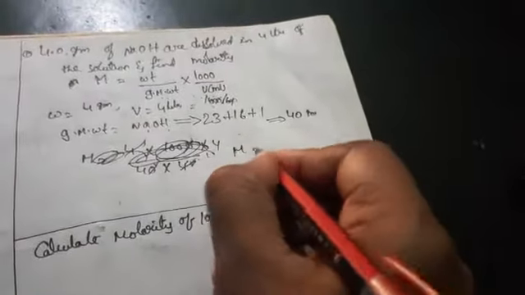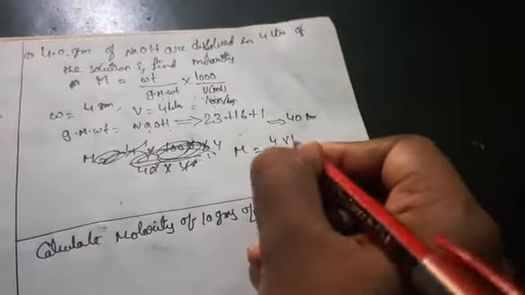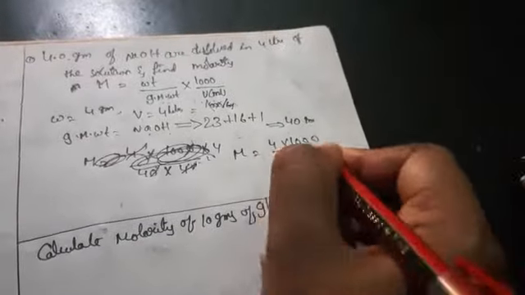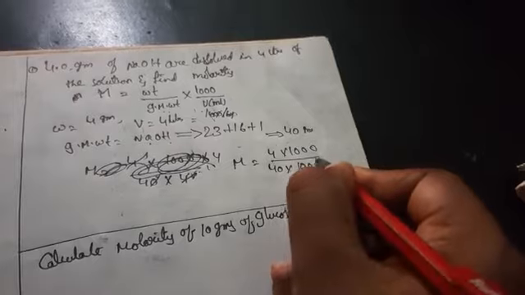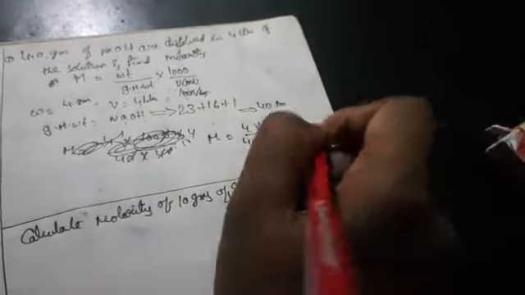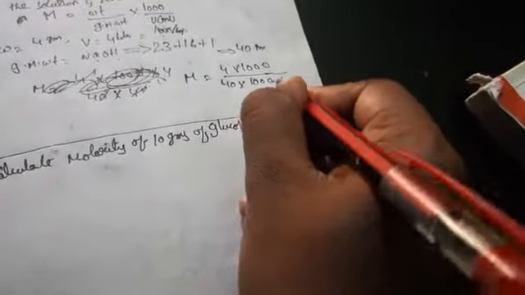See here, M is equals to 4 into 1000 divided by 40 into 1000 into 4 liters.